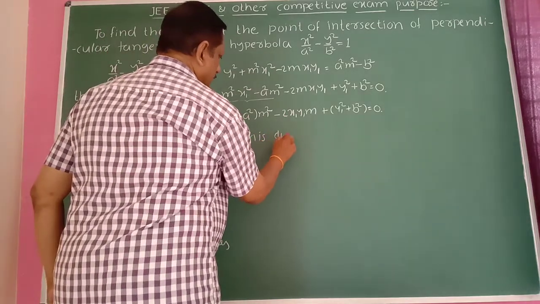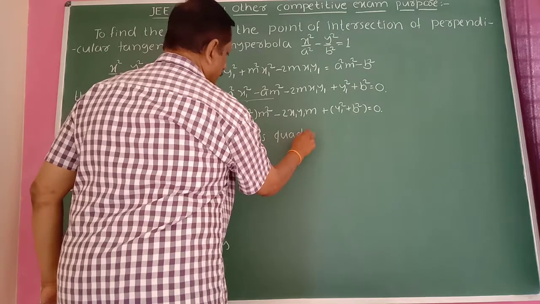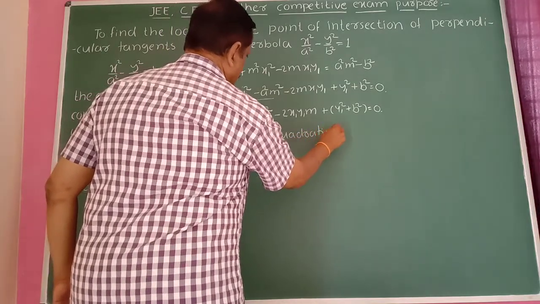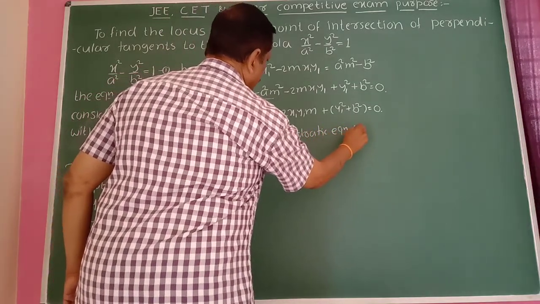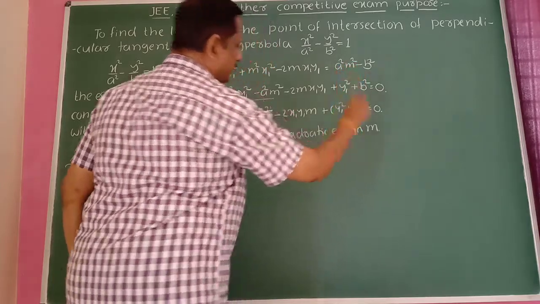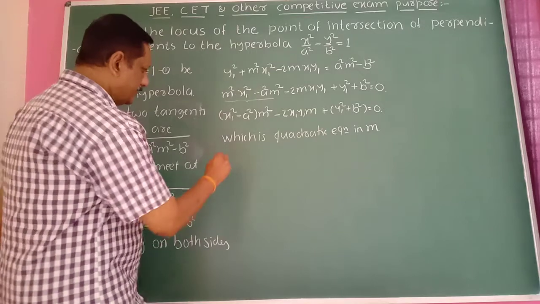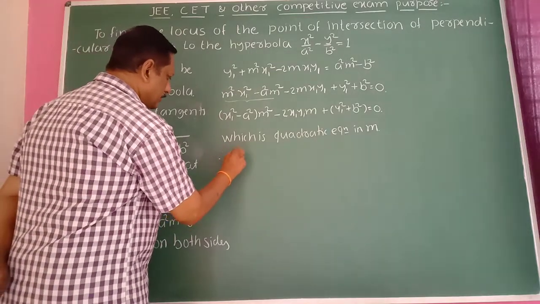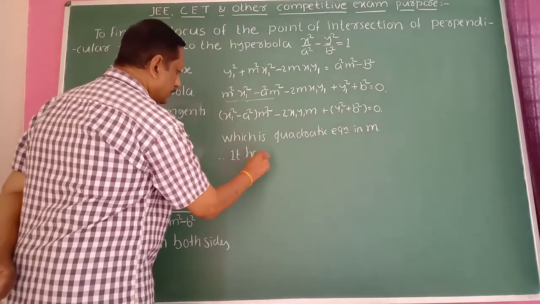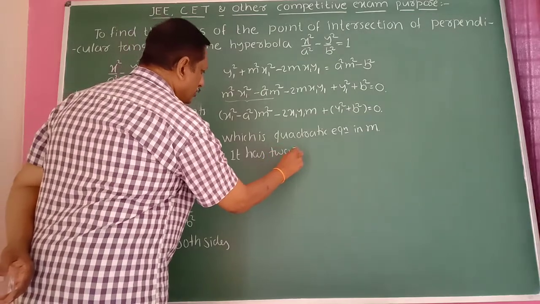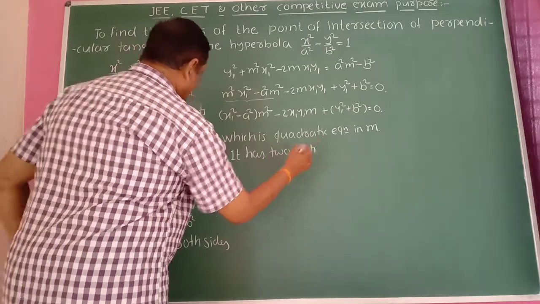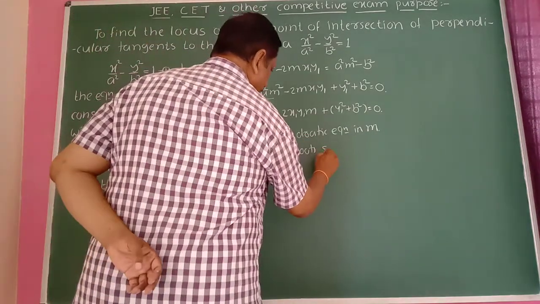And you know every quadratic equation has two roots, therefore it has two roots, say m1 and m2.